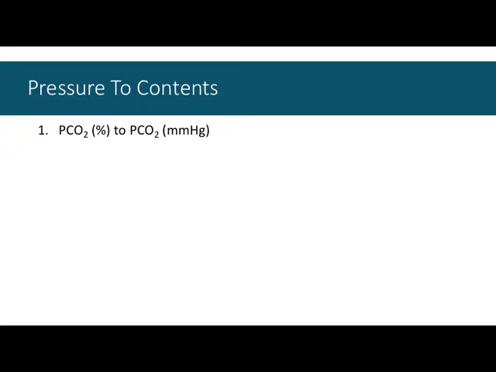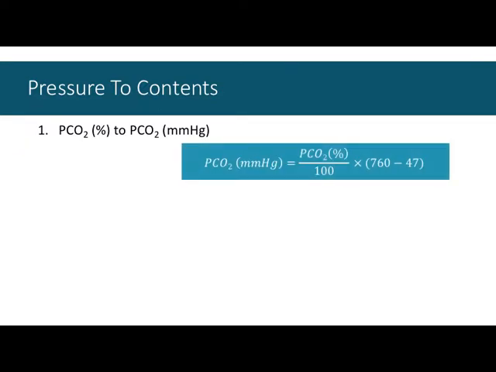Remember, atmospheric pressure has some total pressure, and then the percentages of gas in that atmosphere contribute to atmospheric pressure. So 21% of 700 millimeters of mercury is pressure due to oxygen. 0.03% is pressure due to CO2. The rest is pressure due to nitrogen. So we're just doing that calculation again.